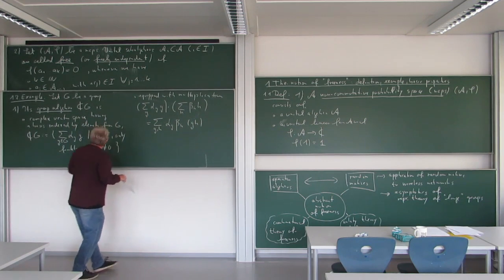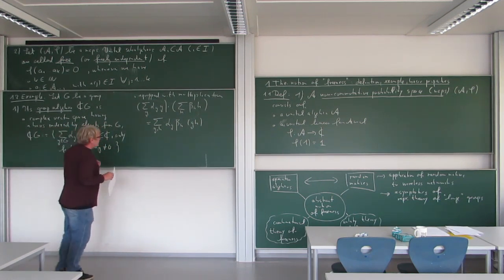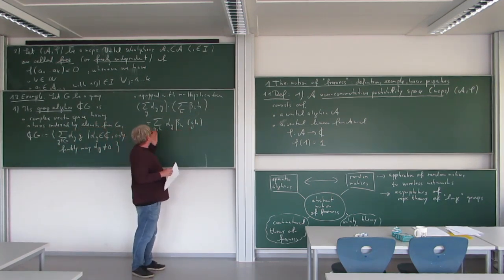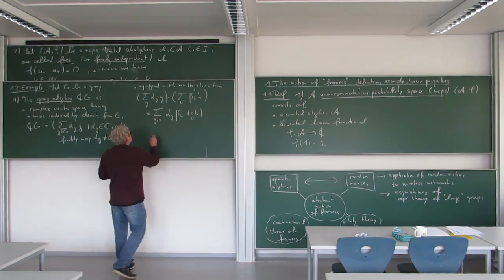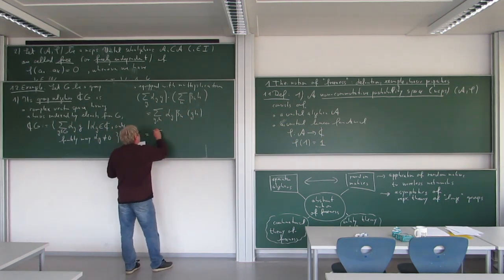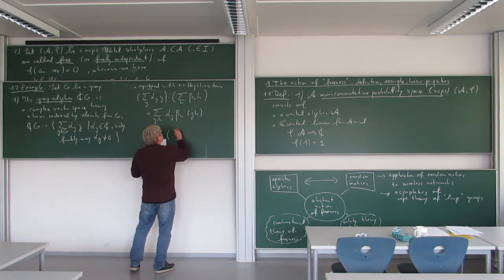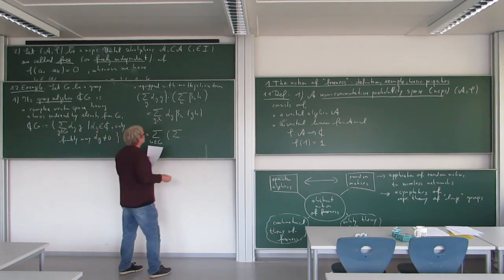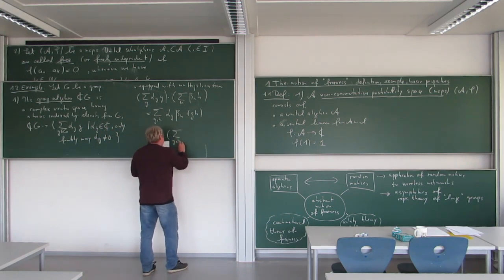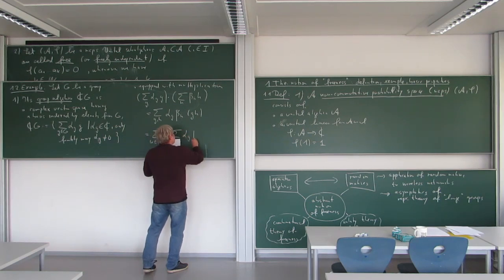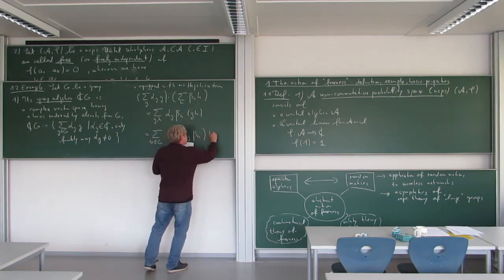Then of course if I want to write this as a linear combination, in the basis of the group elements, I'm summing over g and h, and of course different g and h can give the same product, so I should collect those. So if I call this k, I'm summing over k in my group, and then I have k, and the coefficient there is the sum of all those terms for g and h which have product k, that is, g, h such that g times h is equal to k, of alpha g beta h times k.